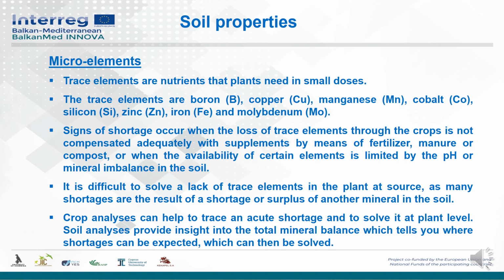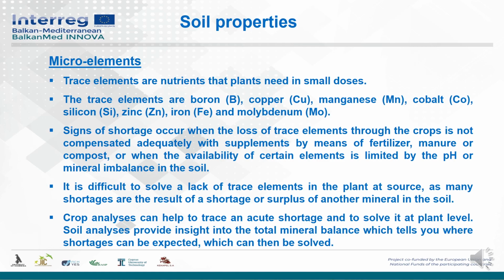Speaking about microelements, they are also called trace elements. They are nutrients that plants need in small doses. The trace elements are boron, copper, manganese, cobalt, silicon, zinc, iron, and molybdenum.